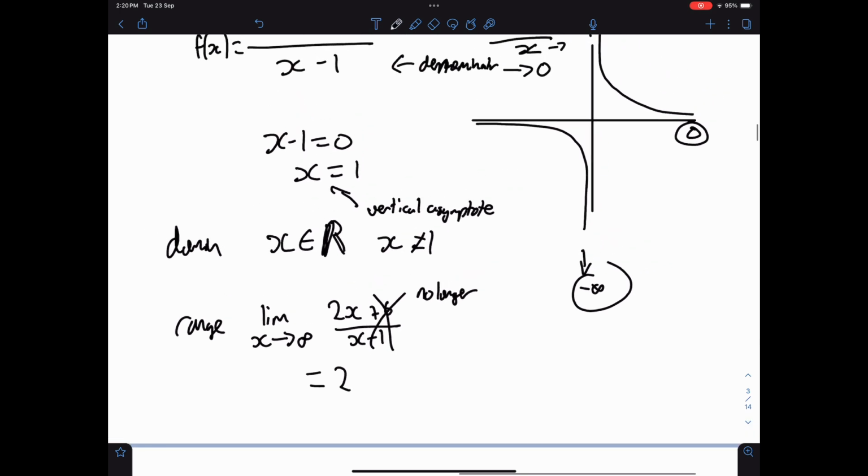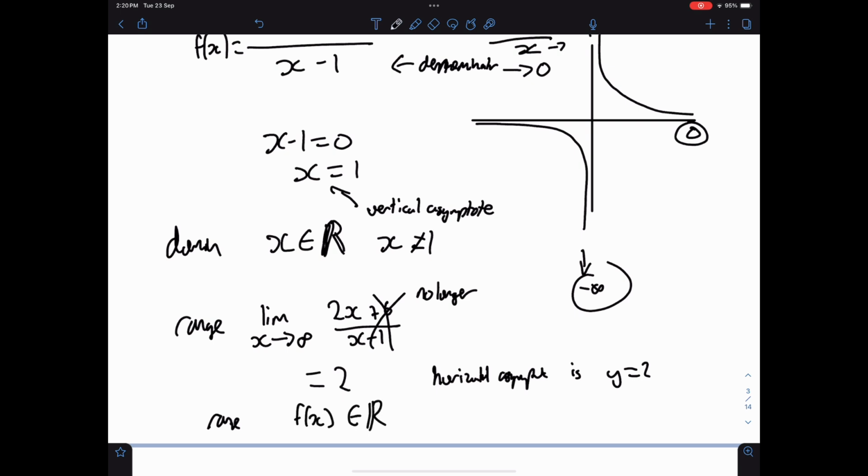So that tells us that the horizontal asymptote is y equals 2, and then the range is literally any real number, but it cannot equal 2.